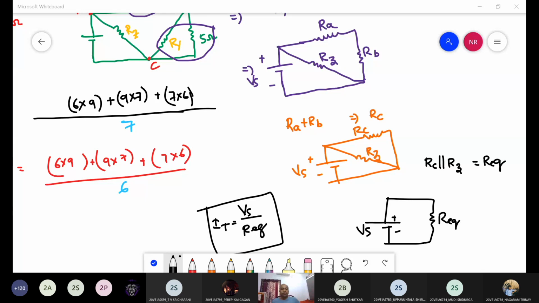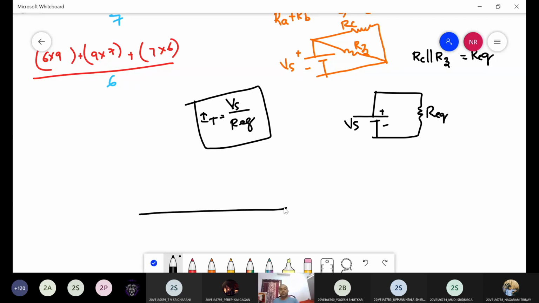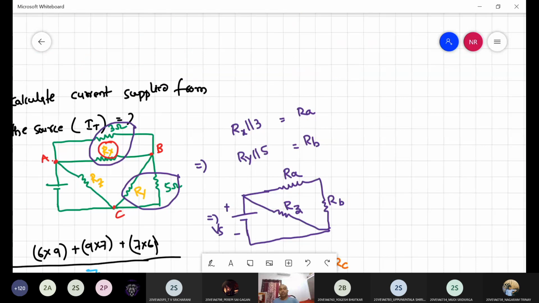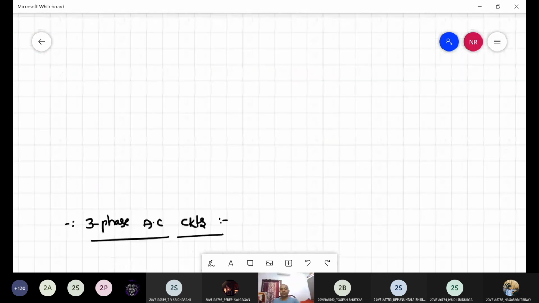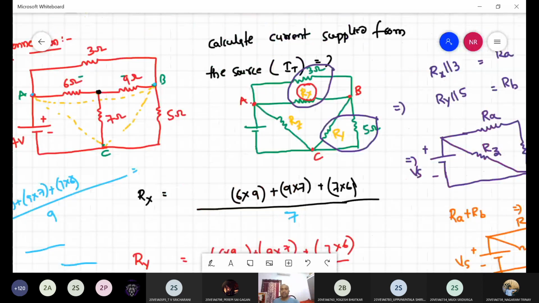While converting from delta to star, what do we have to do? Same thing. Delta to star, the denominator is the same. Let us assume these are the delta values.